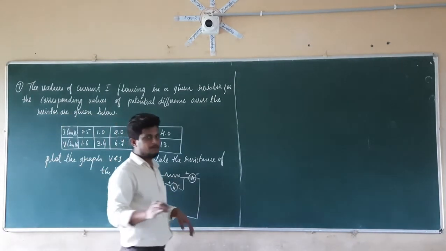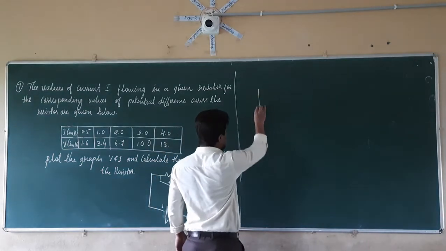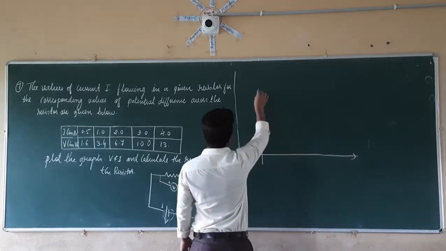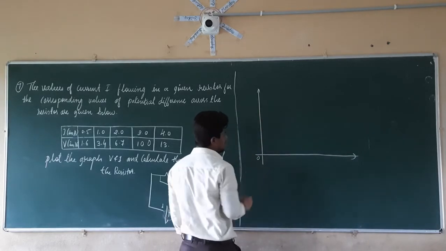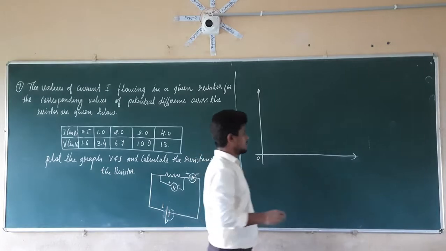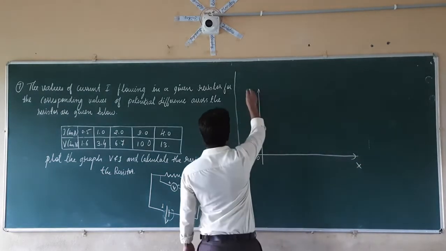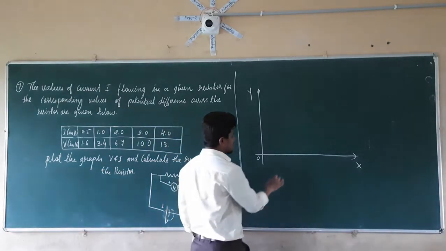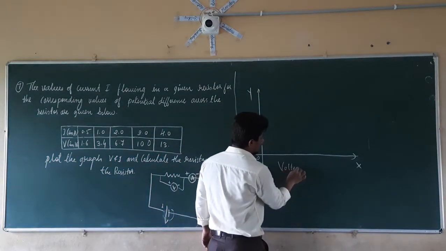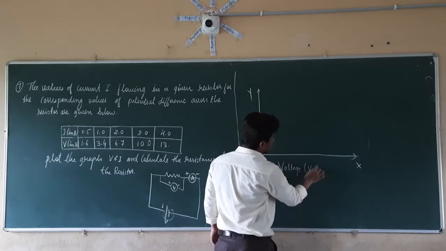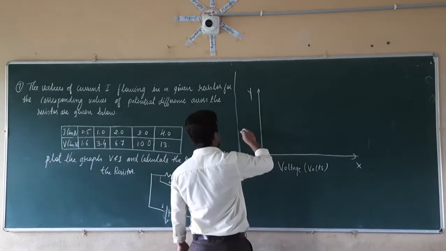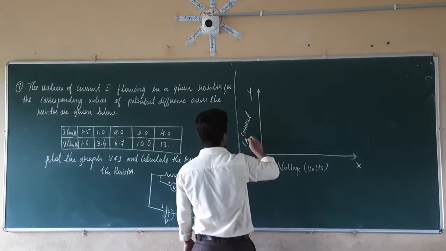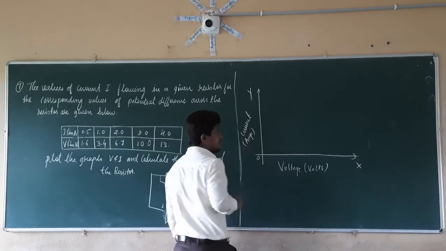So let us plot the graph now. This will be the y-axis and this will be the x-axis, and this will be the origin. On the x-axis we are going to take the voltage value, which is given in volts, whereas on the y-axis we are going to write the current values, which are given in amperes.